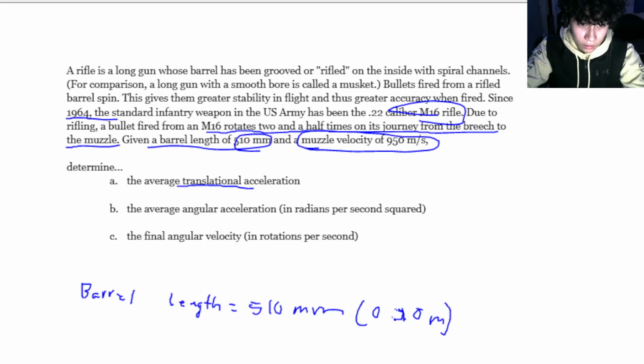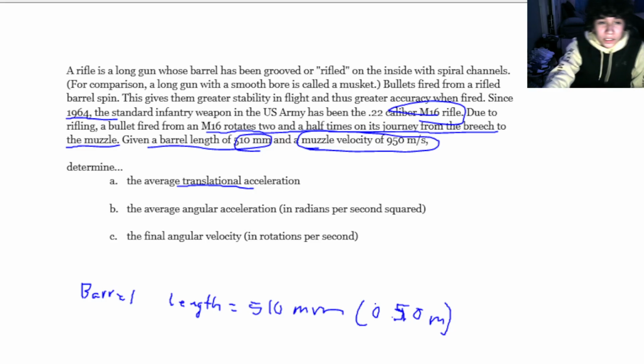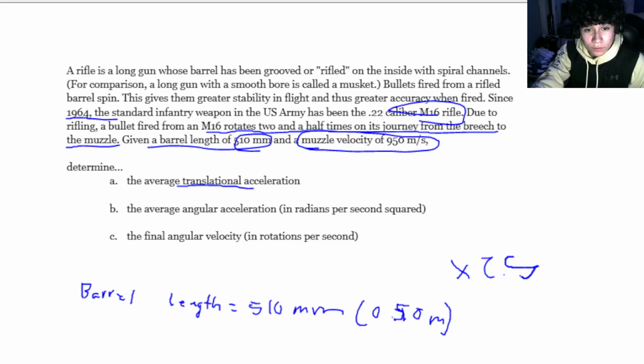And then the muzzle velocity is 950 meters per second. And then the bullet completes 2.5 rotations on this journey, so it's just 2.5 times before leaving the barrel.